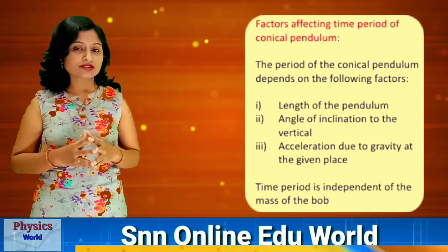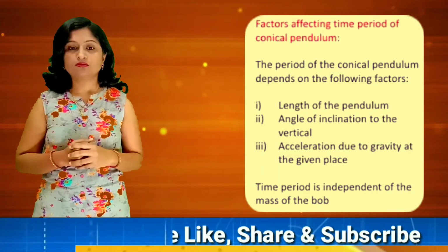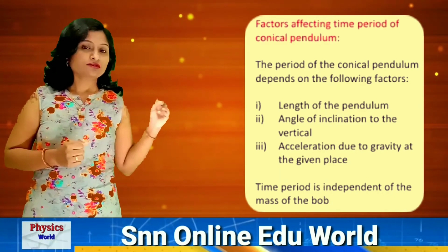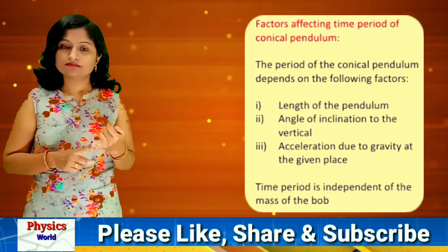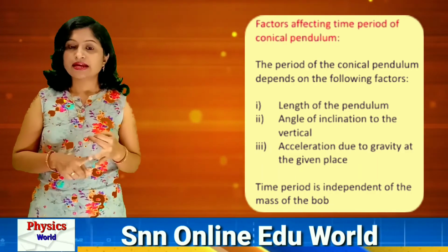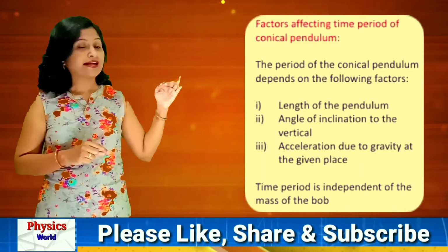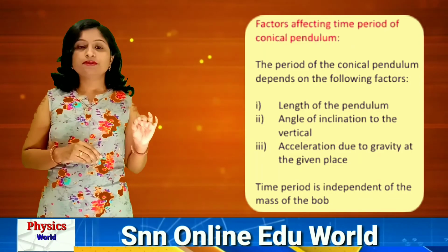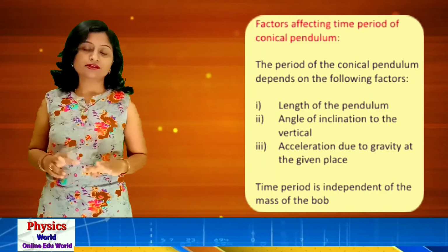To remember these factors, the formula we got itself mentions them: t is equal to 2 pi under root L cos theta upon g. So the time period depends on L, the length of the pendulum; then the angle, cos theta, that means the angle of the conical pendulum; and the last one is the acceleration due to gravity g. So the time period of the conical pendulum will vary with these three factors only.